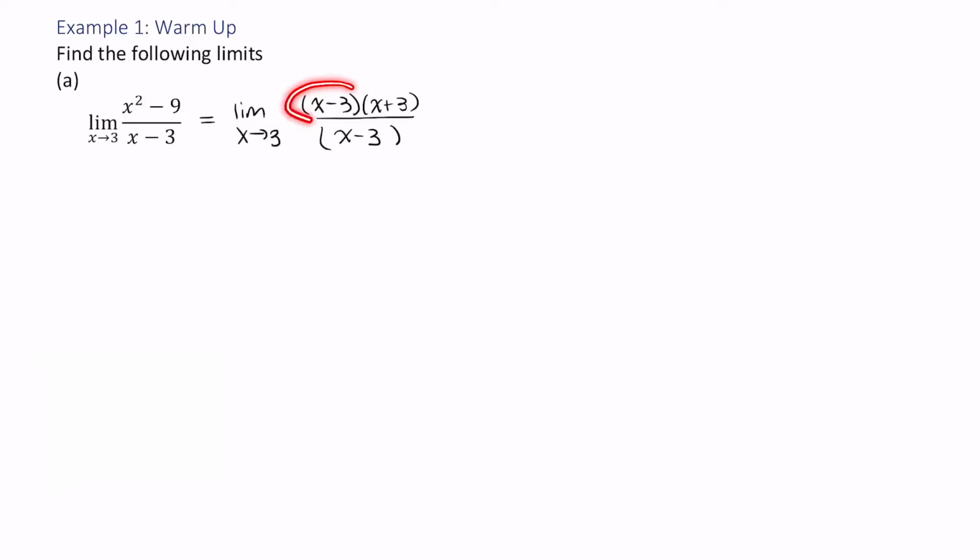We have an x minus 3 in common, so these divide to 1. This leaves us with the limit as x approaches 3 of x plus 3.